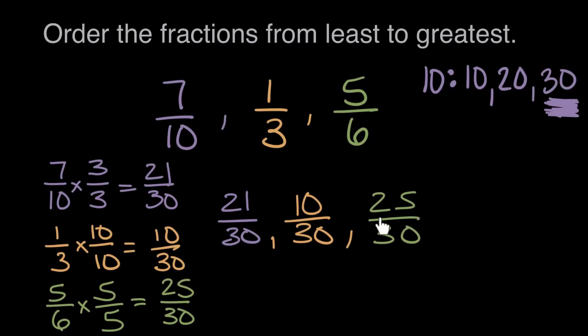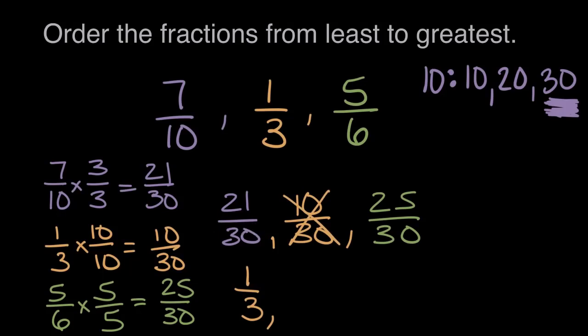But then the trickier one over here, now we can see much more clearly 25 out of 30 is the greatest portion of the group. 25 is more than the 10 or the 21. So we can list these now from least to greatest. The smallest is 10/30, which again, remember, is equal to 1/3. So we can put 1/3 is least, and we can cross that off.